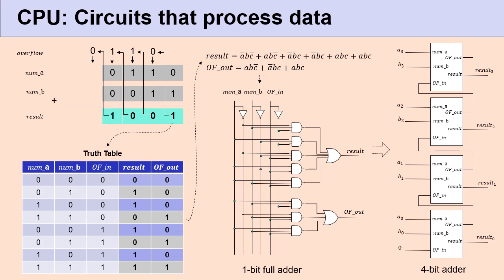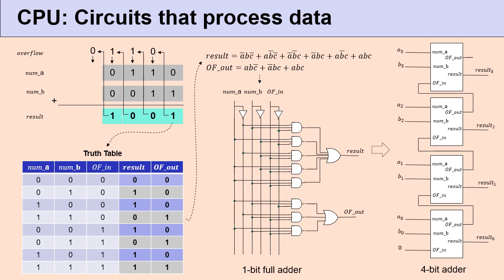The overflow output of the first stage is fed into the overflow input of the second stage, and the overflow output from the second stage is cascaded again to the overflow input of the third stage. So likewise, we can keep on cascading these units to any number of bits to support the size of the binary words that you need to add.